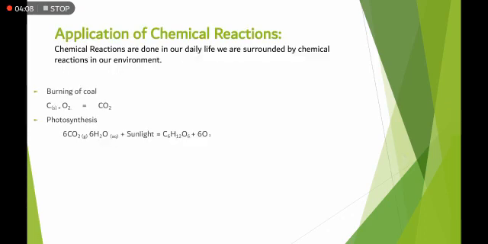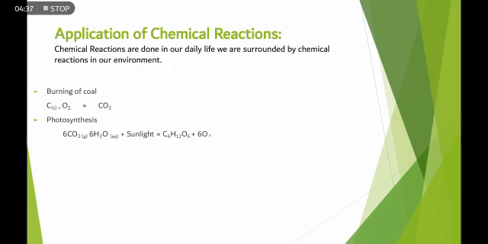Applications. What is application? It means where the chemical reactions are applied. Chemical reactions are applied in our daily life. We are actually surrounded by chemical reactions everywhere. For example, as I told you about the burning of coal. Now you can see the equation. Carbon mixed with oxygen when we heat it converts into a new substance.